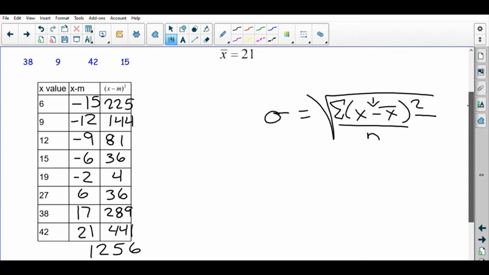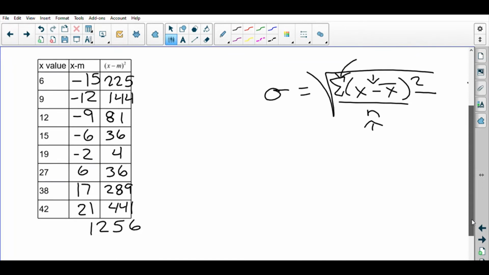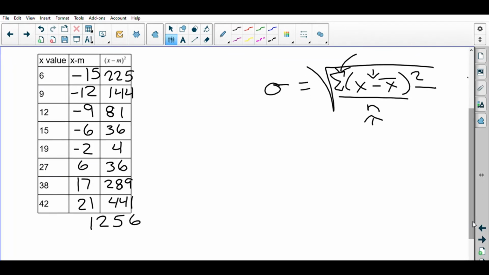I added up all of my values, and now I'll divide by the number that are there. So we have 8 points. I need to divide 1,256 by 8, which gives me 157.